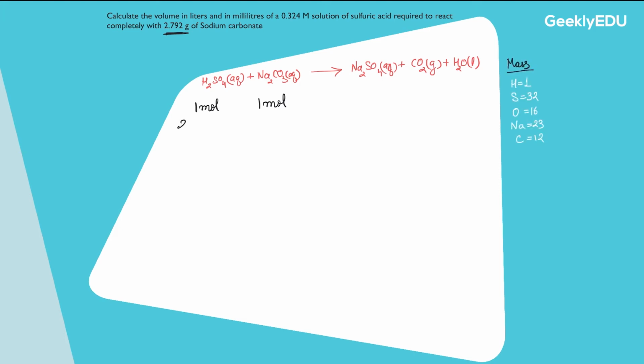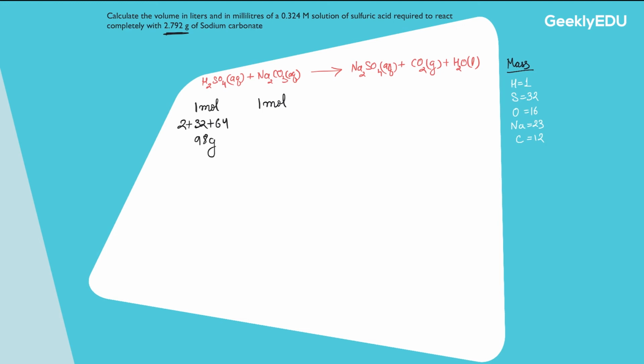So the first step is to write the masses. 2 times 1 for hydrogen, plus sulfur, 32, plus 16 times 4, that is 64. So 34 plus 64 is 98.